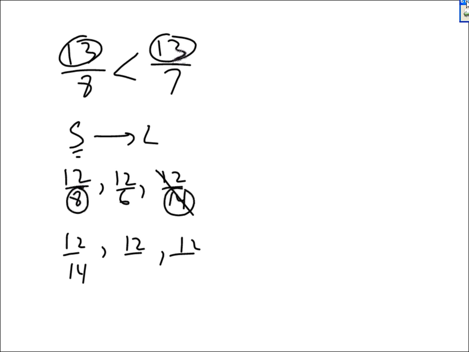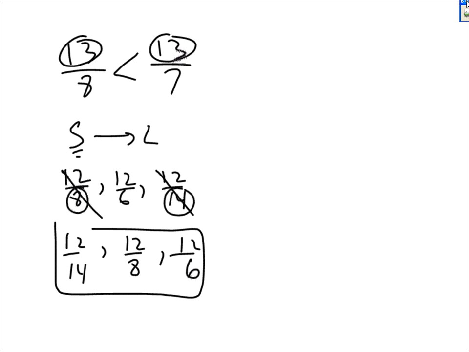Now we put the largest remaining denominator. And then process of elimination, 12 over 6. There it is. Okay, this is the smallest, that's the middle number, that's the largest.